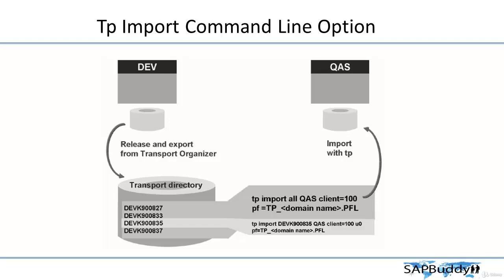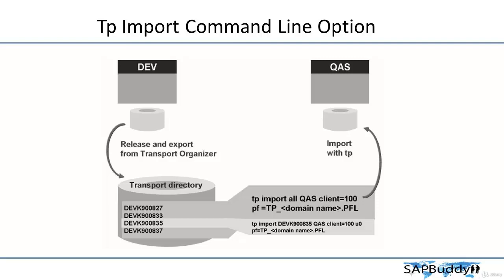However, it is possible to import the TRs, or the changes, using the operating system level. You have two TP commands, to import all, or import a specific transport request. Using these commands, you can still import if there is some emergency situation.